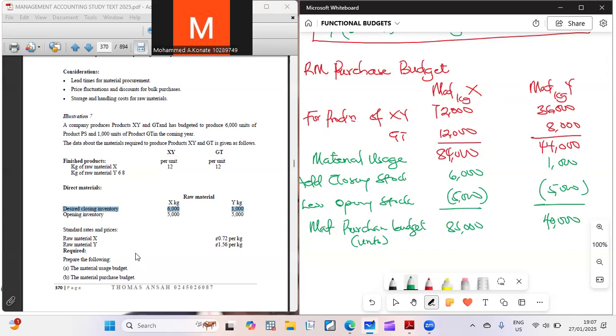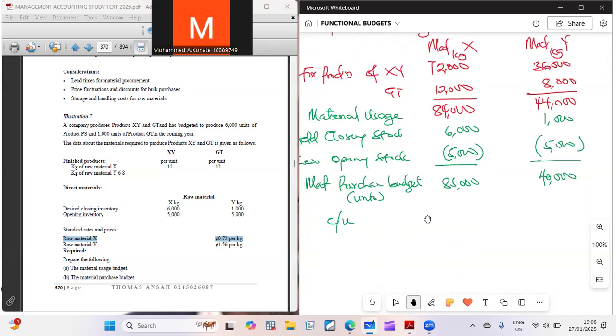Then we are given the cost price for material X, the price per unit. It will cost us 0.72 for material X and 1.56 for material Y.